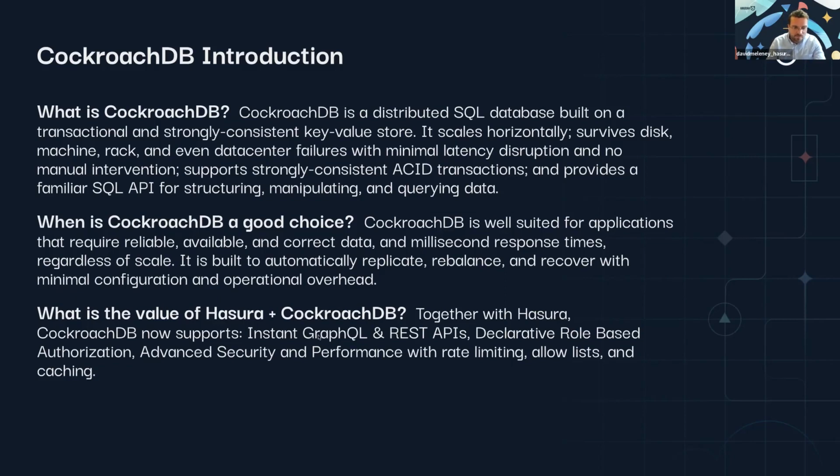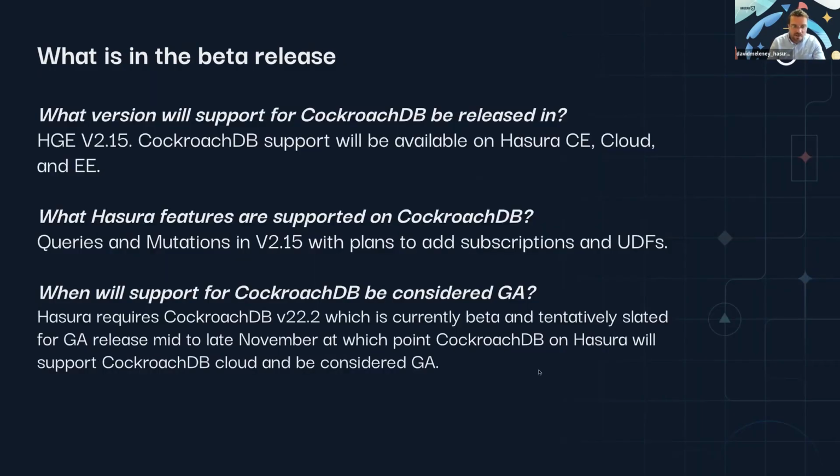Moving on to exactly what is being released on Monday: the plan is to release version 2.15, and with that, Cockroach DB support will be part of it, available to the Hasura Community Edition, Cloud, and Enterprise Edition. In this first release, it will be labeled as beta for now, and we'll be releasing queries and mutations with plans to add subscriptions and UDF support in the near future.